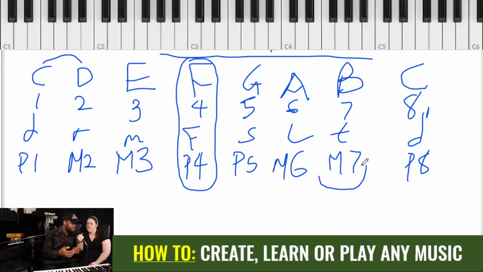So, for instance, C, C sharp, D, E flat, E, F, F sharp, then G, A flat, A, then B flat, B, then C. Do you understand? Because I know all of them.